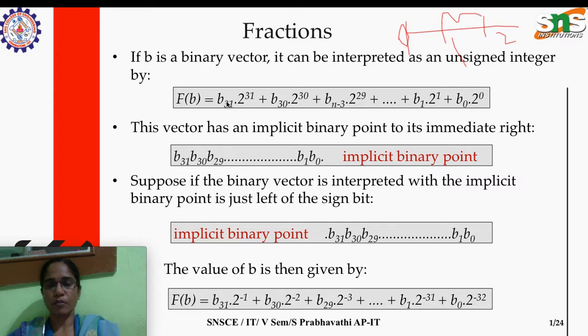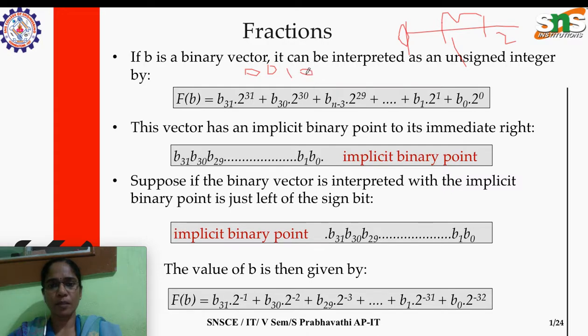With that note we will have a quick recap on binary number systems. Suppose B is a binary vector, meaning the numbers are represented in zeros and ones. Assume there is a 4-digit number like 0010. It can be interpreted as an unsigned integer, meaning a positive number. How do we represent it in decimal notation?